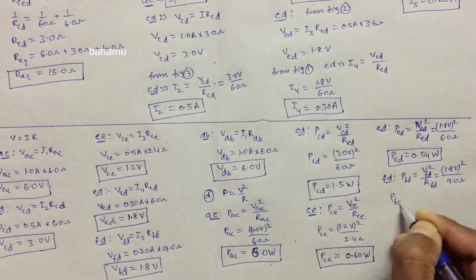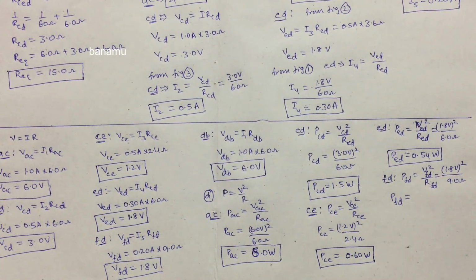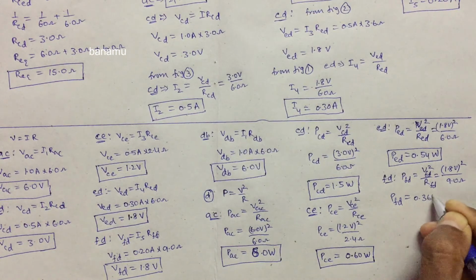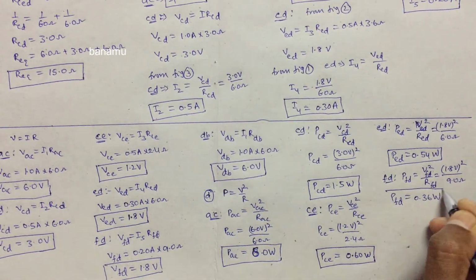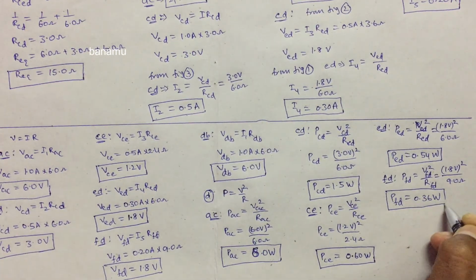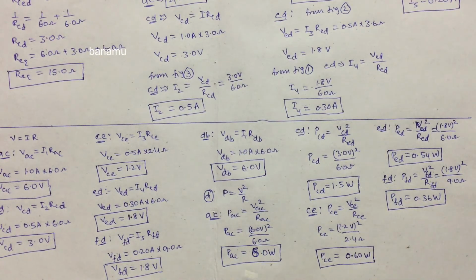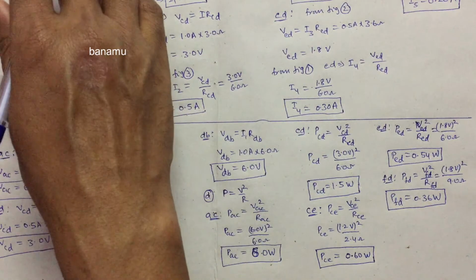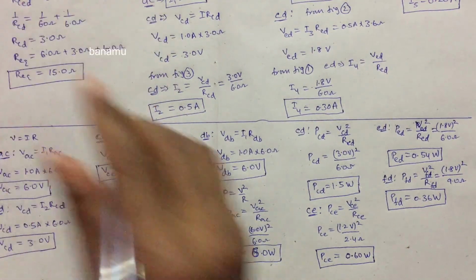So PFD is equal to 0.36 watts. This is the power dissipated in the 9 ohm resistance between the points FD.